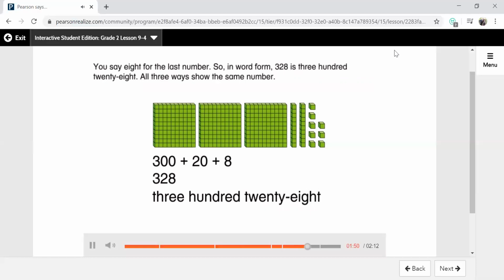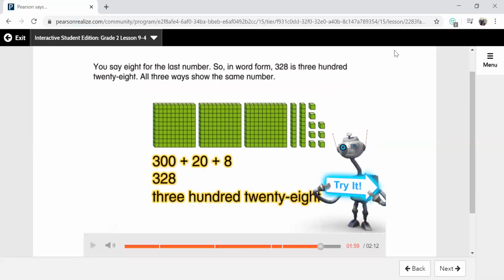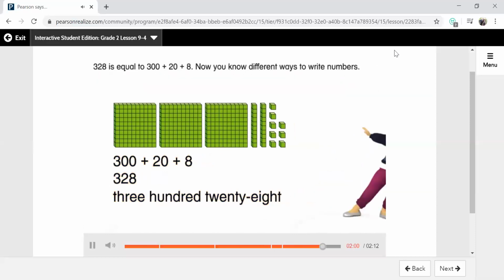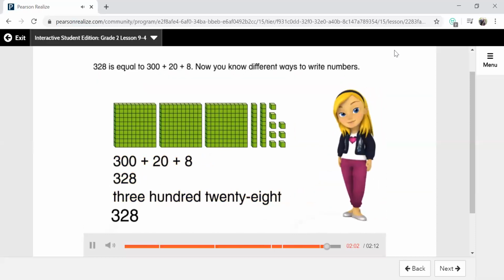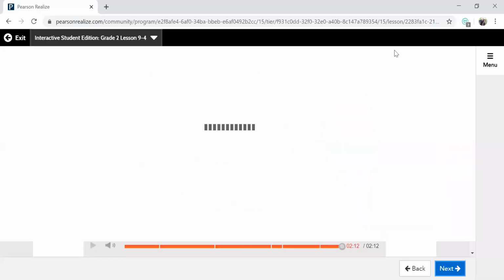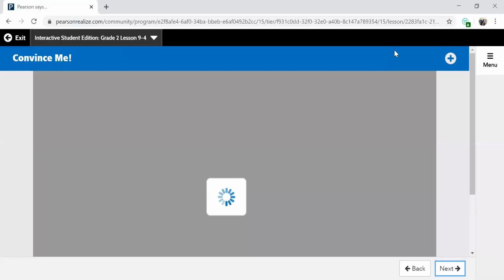And you notice the dash in between the 20 and 8. 328. So we learned 3 ways to show the same number. And that's this expanded form. All right, so that's what we're going to work with today, all the different ways to make numbers. There are 3 different ways.